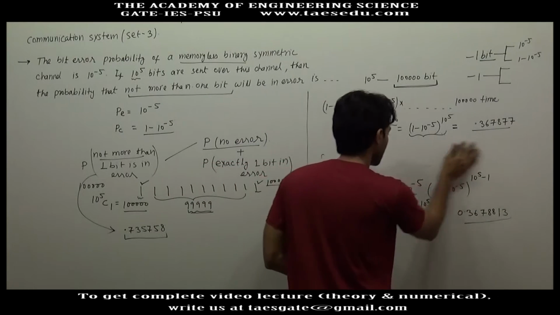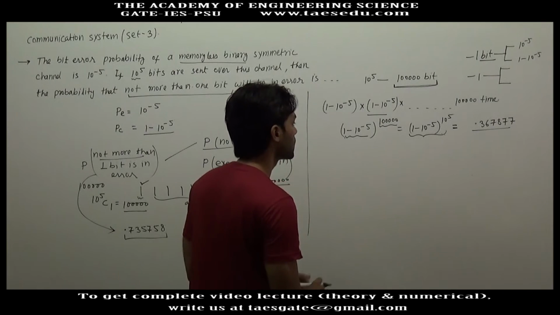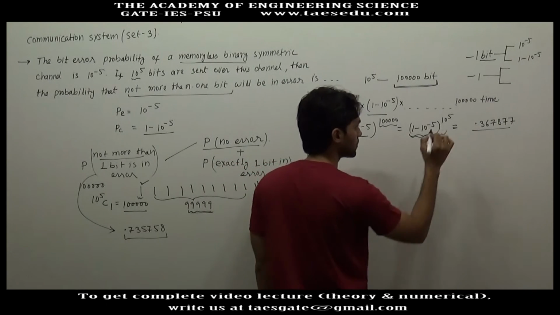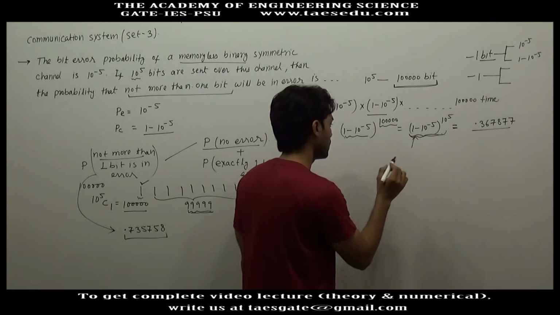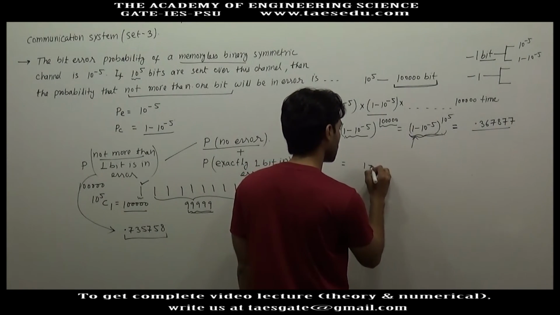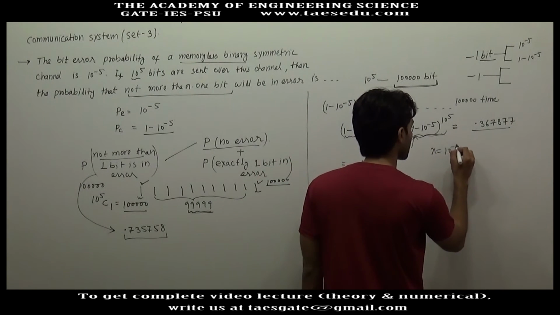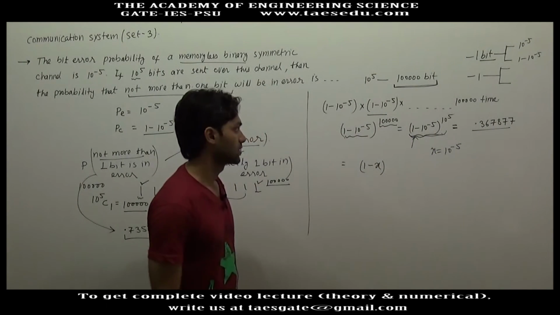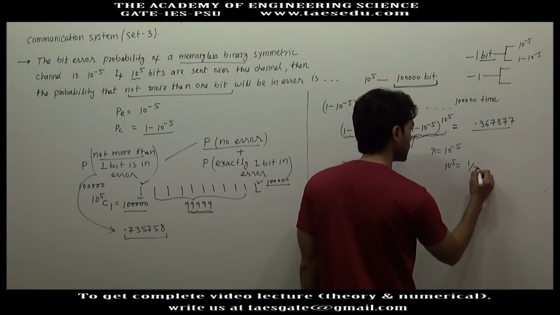So to calculate it, we can use the concept of limit. If you are required to find out this quantity, we can write it as 1 minus x. Let x be equal to 10 to power minus 5. Then what is 10 to power 5? 10 to power 5 will be 1 by x.